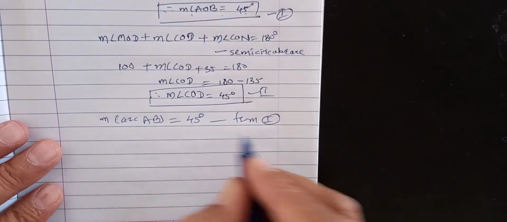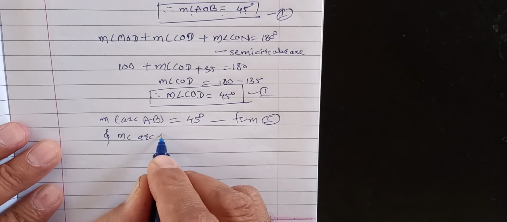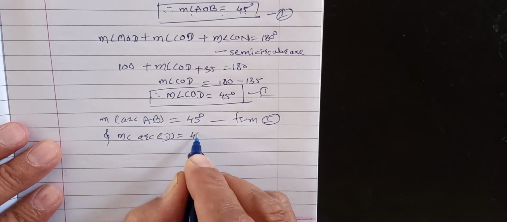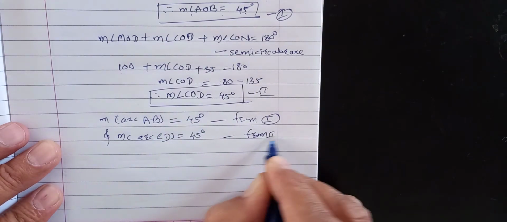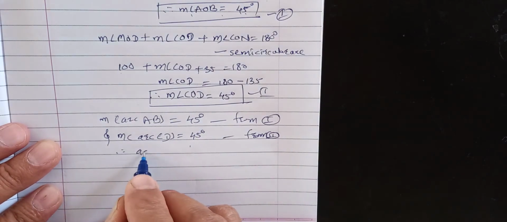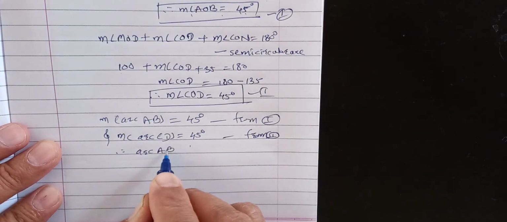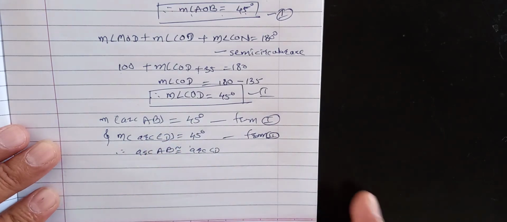Also measure of arc CD is also 45 degrees, from second. So these two measures are the same. So directly we can say arc AB is congruent to arc CD because these two measures are the same.